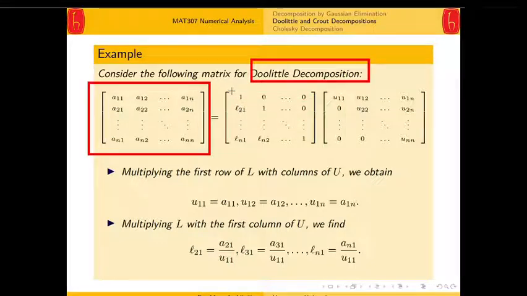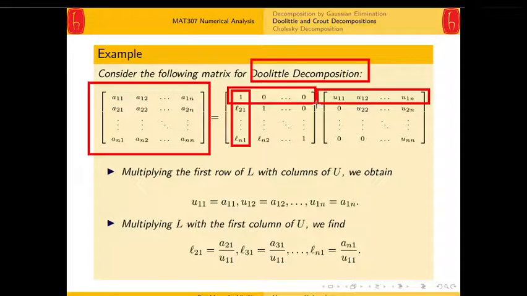Okay, so this way we obtain all the numbers here, and also we obtained all the numbers there. So here these are also known and these are also known. So the first columns and first rows are done.